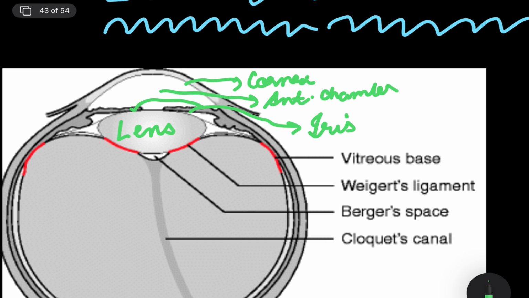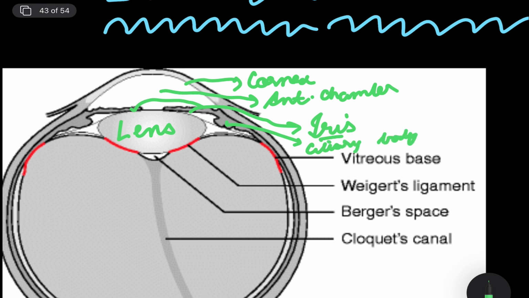Think about it: when you look at the mirror, you can recognize the iris. So this over here is the iris, and behind it is the lens. Done. Now, the iris is part of the middle layer, so this over here must be the other part of the middle layer, that is the ciliary body.